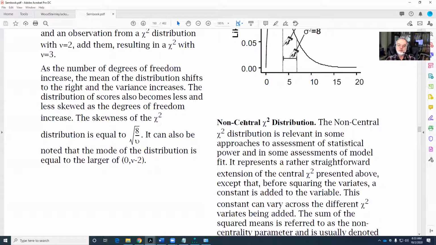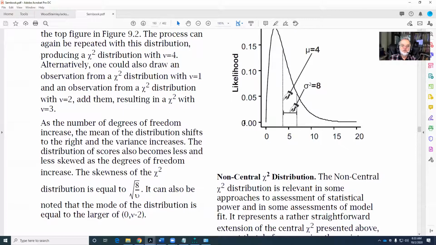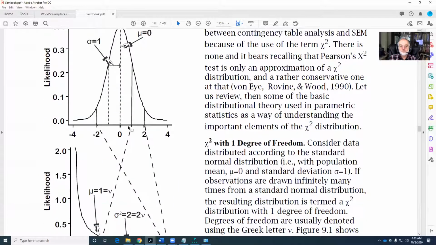It's a straightforward extension of the central chi-square distribution you have here, except that before you square these variates, you're going to add a constant to the variable. So, for example, I might say I'm going to take an observation, maybe it's -2, and I'm going to add 1 and then square it.